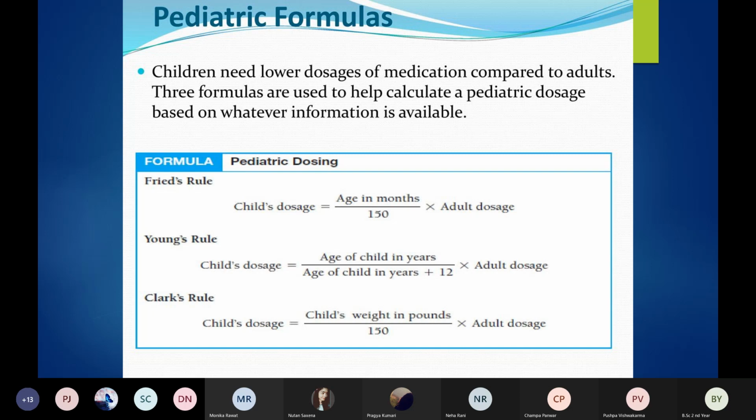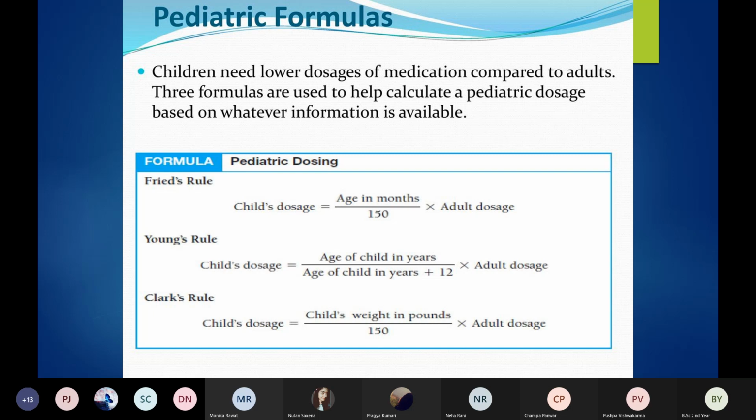And the third formula is Clark's rule. Child's dosage is equal to weight of the child in pounds. In India, the very important unit for calculating the weight of a patient is kg, kilogram, whereas in other countries they calculate in pounds.